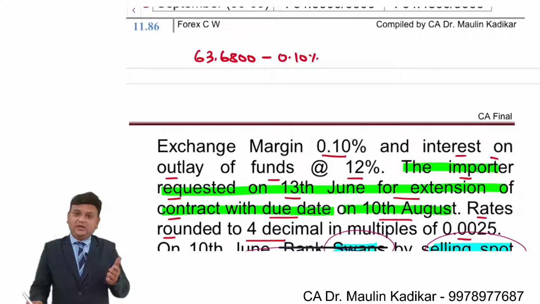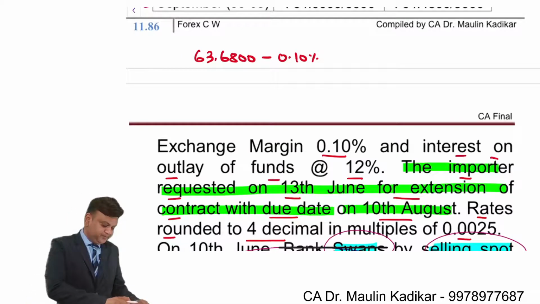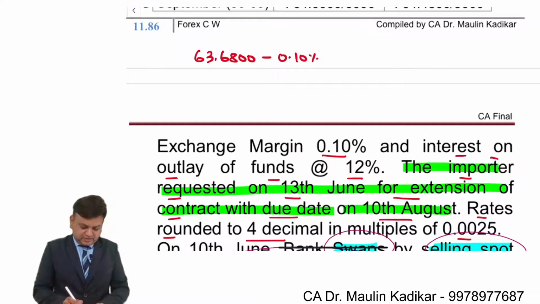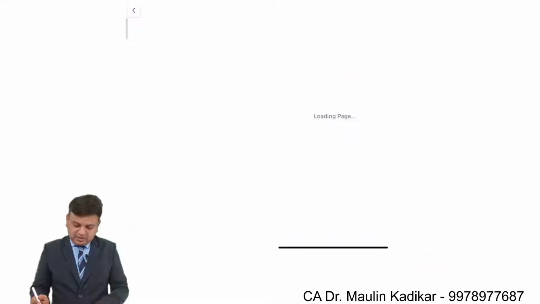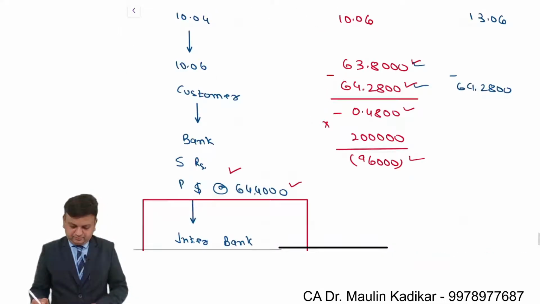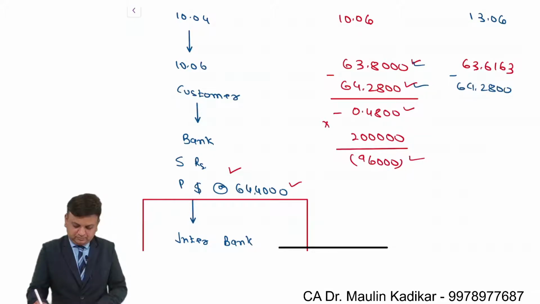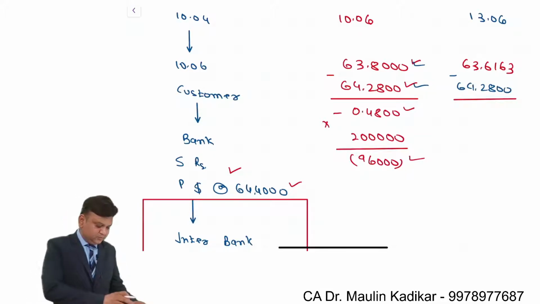Because it is sell of dollar and purchase of rupees, so you will be given less amount of rupees. 63.68 minus 0.10% comes to 63.6063. So 63.6063 minus 64.28.